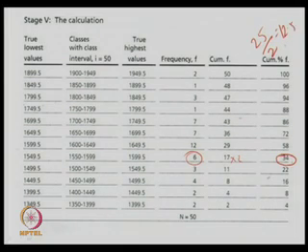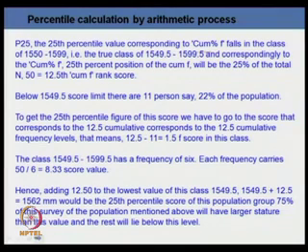So, in this original cumulative frequency, it would be 12.5. Till 11 is there. So, from 11 to 12.5, how far should we go? Below the 1549.5 score limit, there are 11, say 22% of the population.